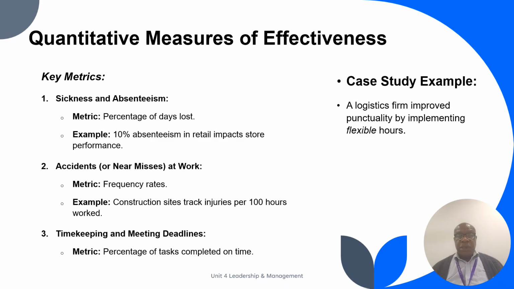Case study example: a logistics firm improved punctuality by implementing flexible hours. This can be possible, meaning instead of being too harsh and controlling over attendance or punctuality, by creating flexibility, people can come in at different times and leave at different times.